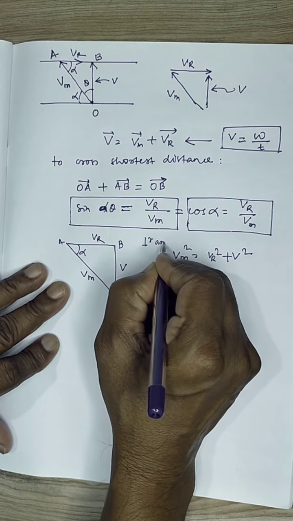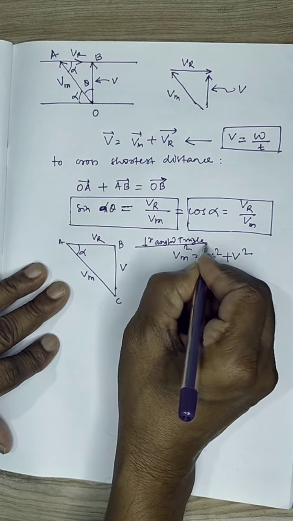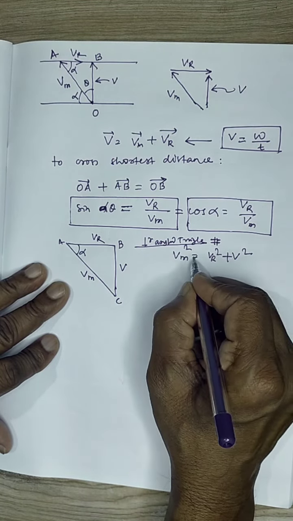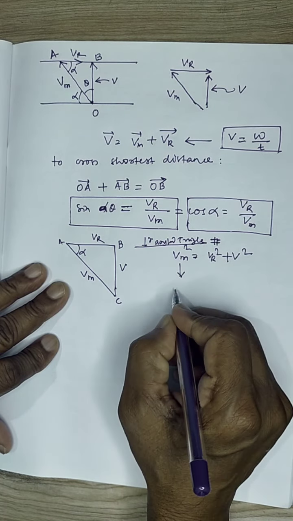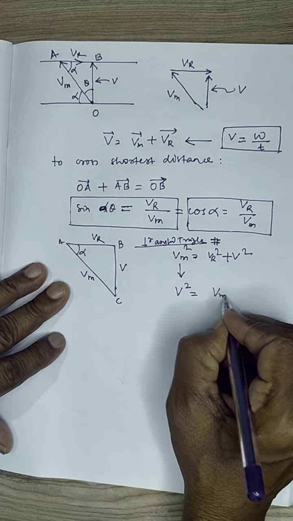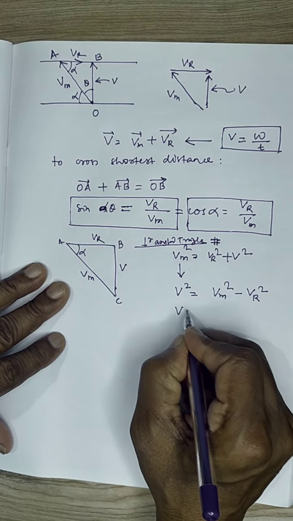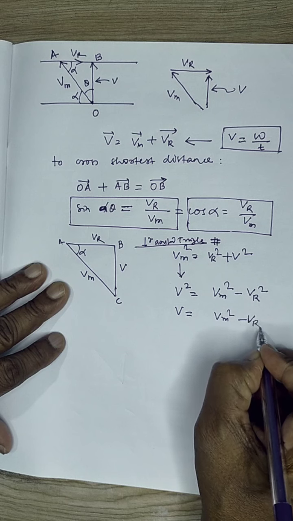From right angled triangle, we know Vm square is equal to Vr square plus V square, which gives V square is equal to Vm square minus Vr square, or V is equal to square root of Vm square minus Vr square.